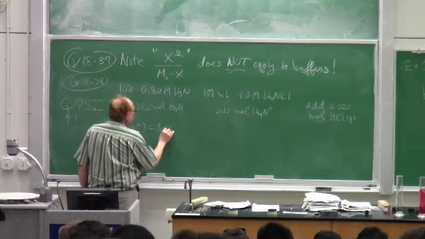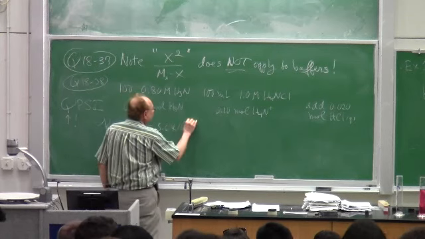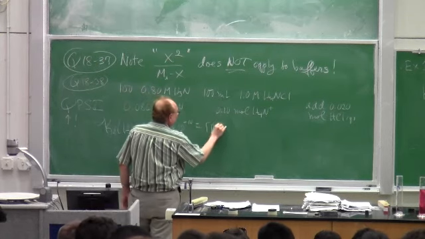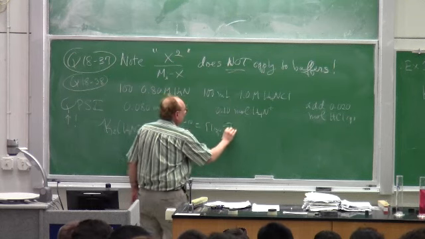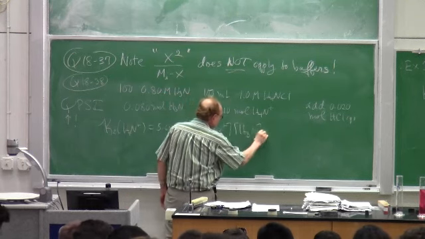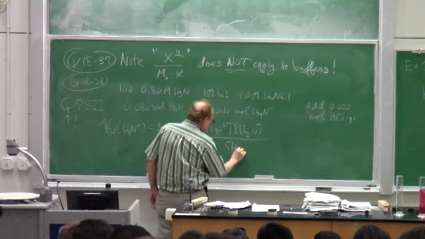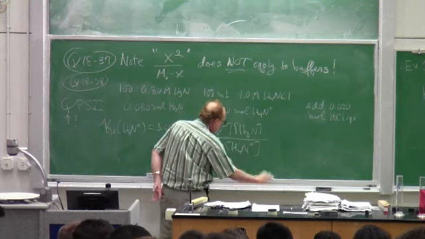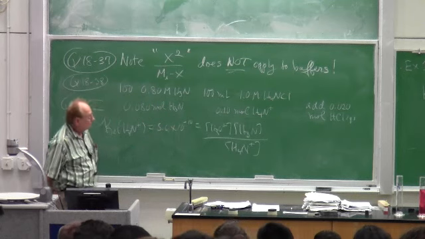5.6 times 10 to the minus 10. Hydronium ion molarity, ammonia molarity, ammonium ion molarity. Okay?